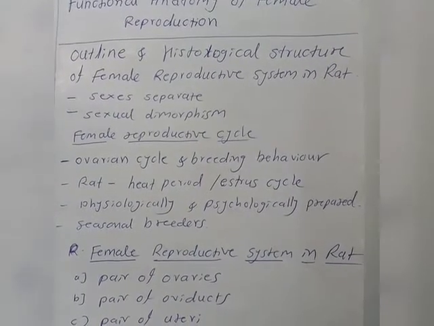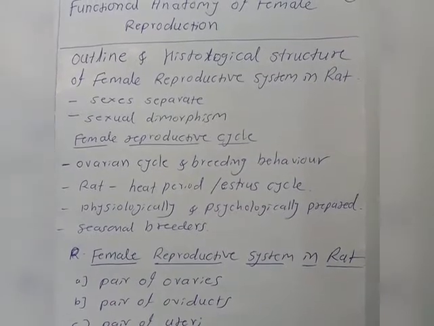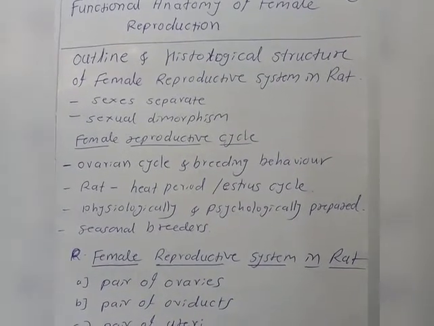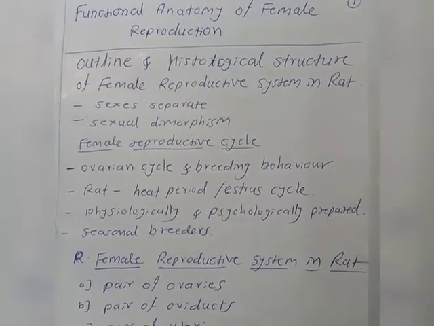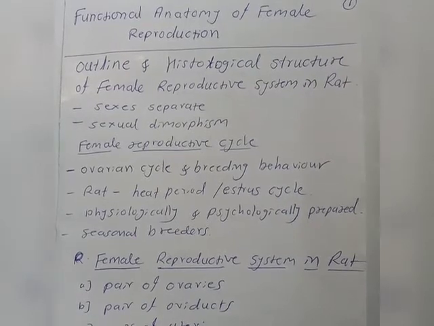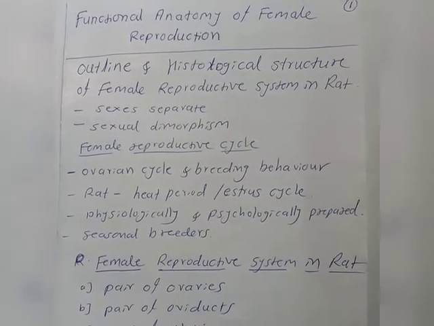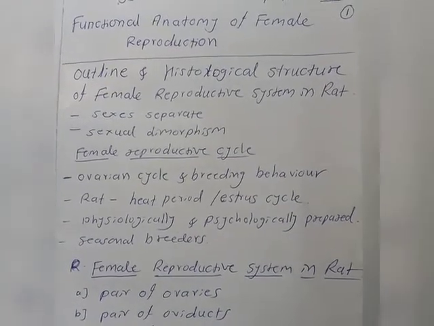Welcome to BSc second year students in semester 4th, and in this we are going to study paper 7th and paper 8th. The paper 2nd is concerned with reproductive biology. In this there are three topics.